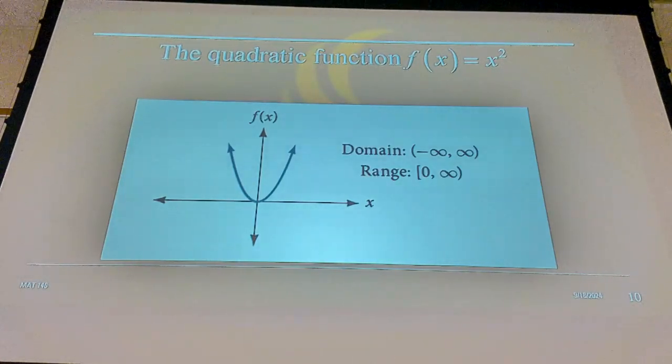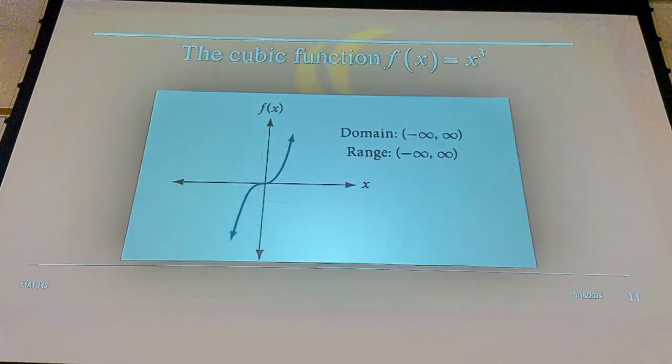Then we have the cubic function. f of x equals x cubed. Domain and range are all real numbers. And again, any function of the form x to the n where n is odd and larger than 3 looks similar. It just flattens out that middle part. Again, we'll examine that.